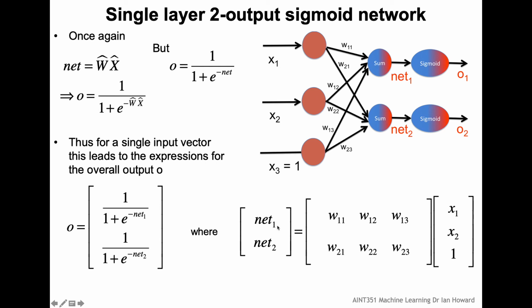Like I said, we've got this two-dimensional linear output for a single input vector, giving us a single output vector of 2 dimensions, and then each of these net values passes on an element by element basis into a sigmoid function, so we just transform net 1 in the top location on this vector and net 2 in the lower one.